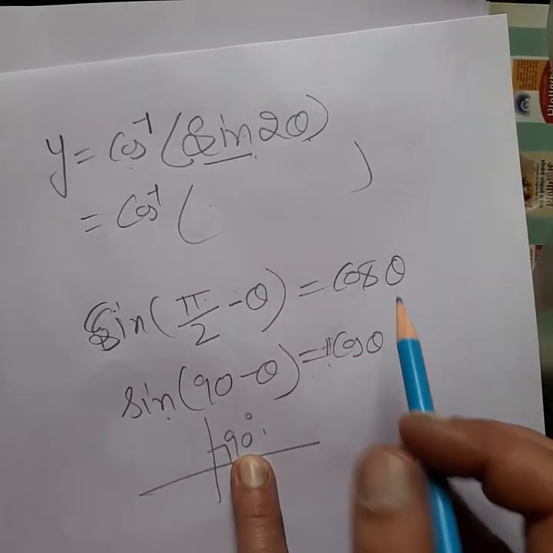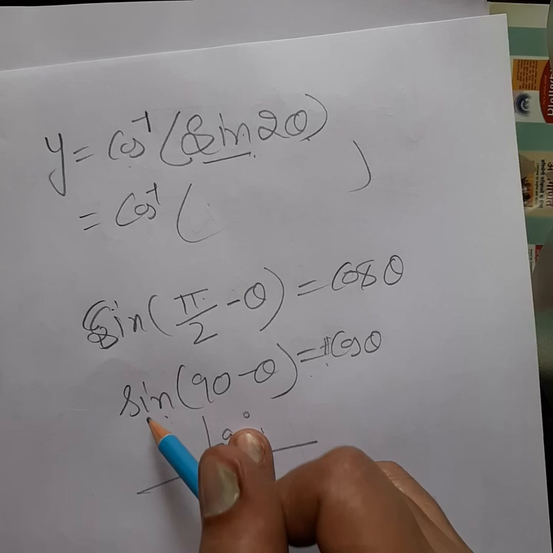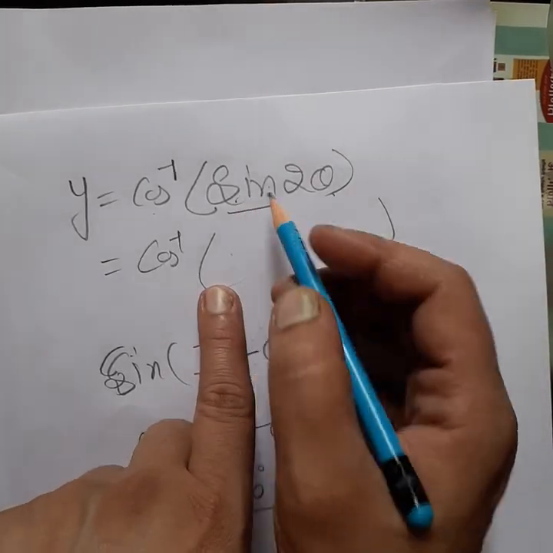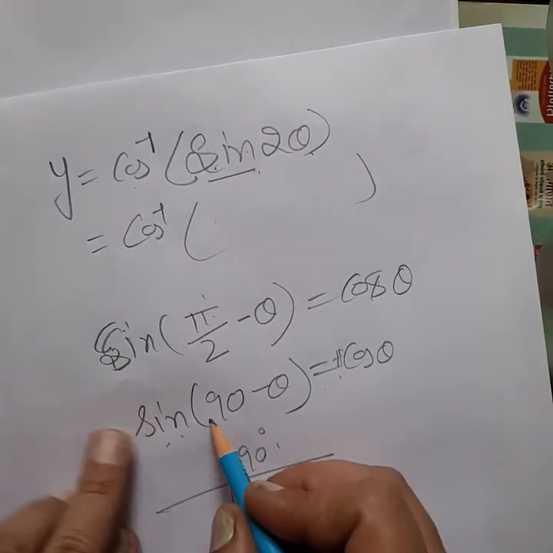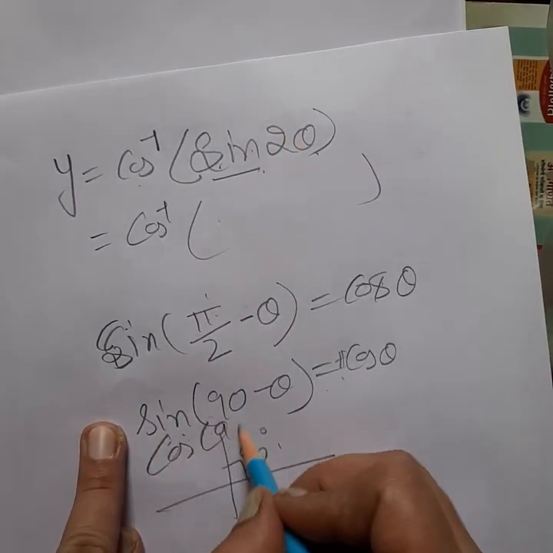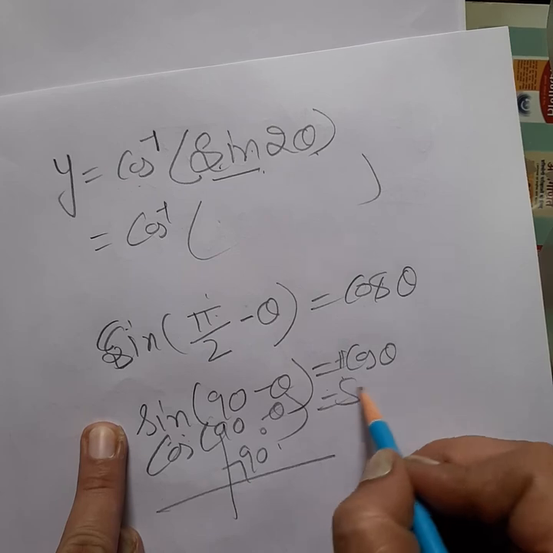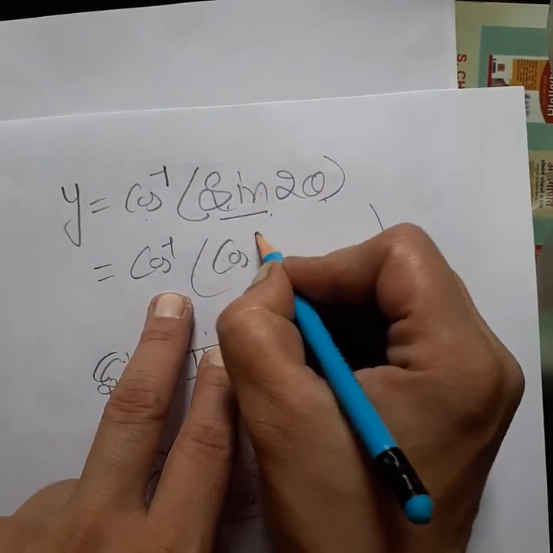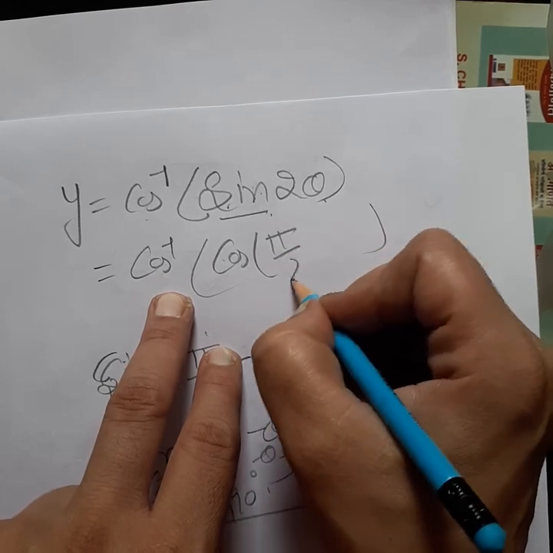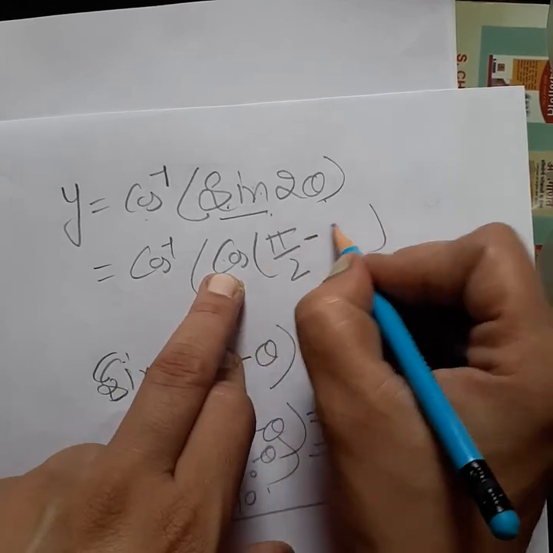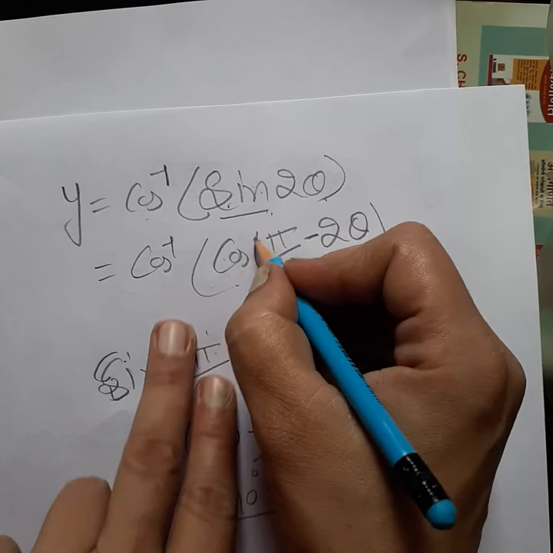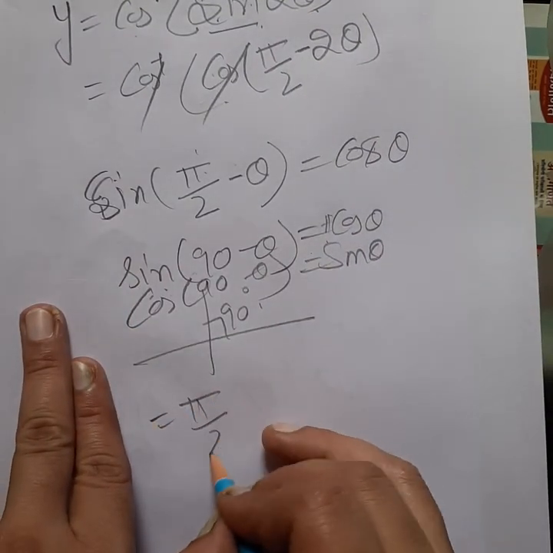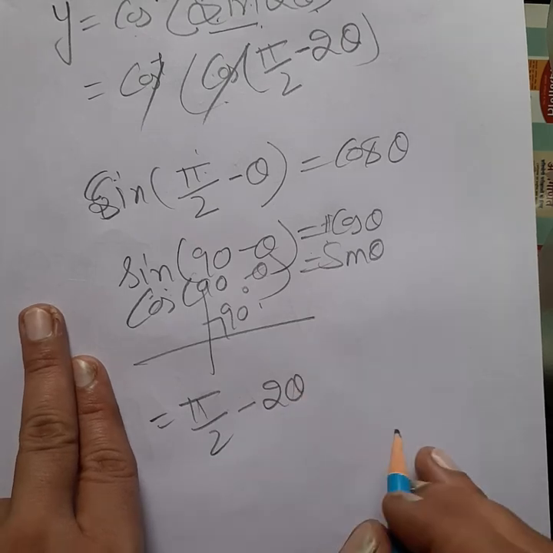So we apply this formula, sine of pi by 2 minus theta is equal to cos theta, and in the same way cos of 90 minus theta gives sine theta. So we have to write it in the form cos of pi by 2 minus 2 theta, and after cancelling cos you get only pi by 2 minus 2 theta.